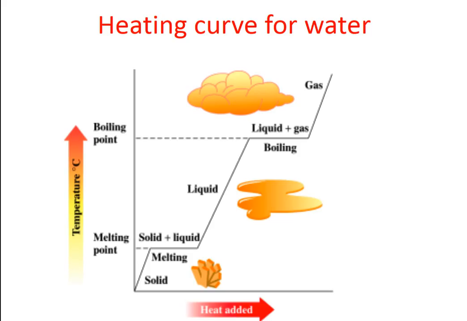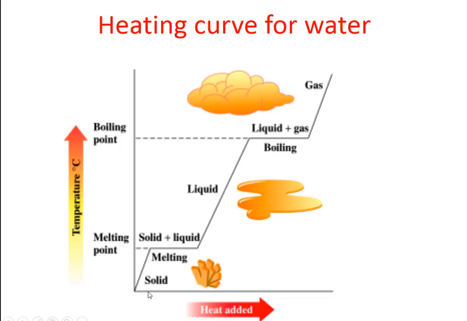Now this is the heating curve. If we start with ice here, this is the heating curve of water. This is the melting point of water, which is 0 degrees Celsius. This is the boiling point of water, which is 100 degrees Celsius. Ice is usually at temperatures below 0 degrees Celsius.